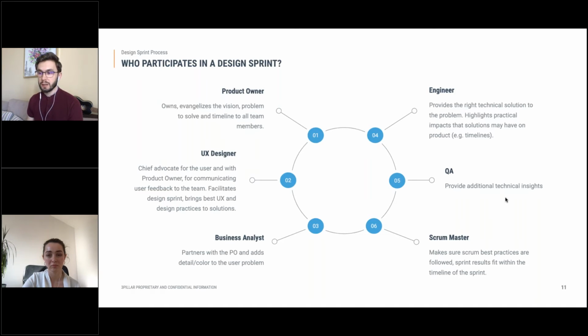As I said a couple of minutes ago, this is the most important thing, because we won't jump into the solutioning if we're not sure the problem is well defined. It's impossible to have a good solution for a problem that doesn't exist. I mean, you will be solving for nothing.